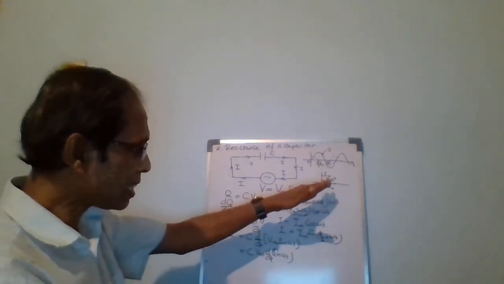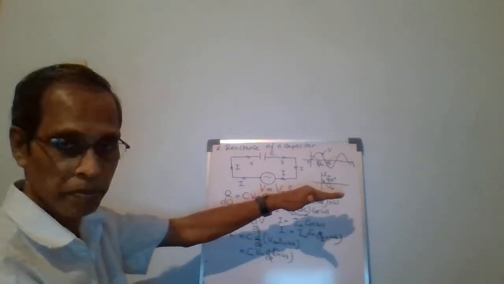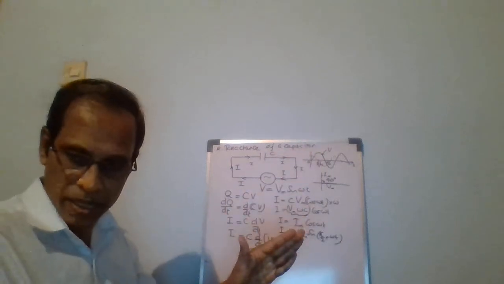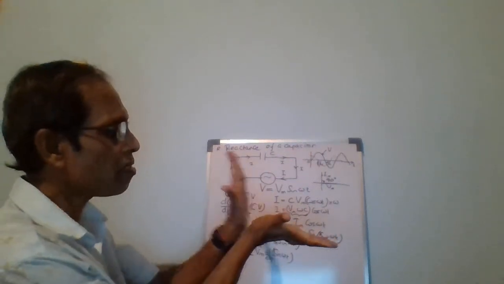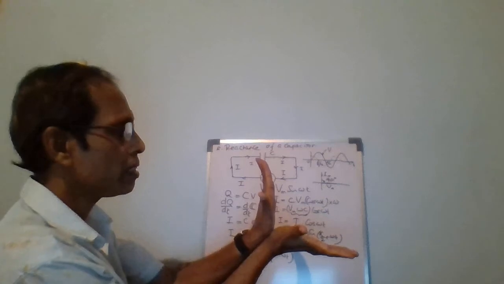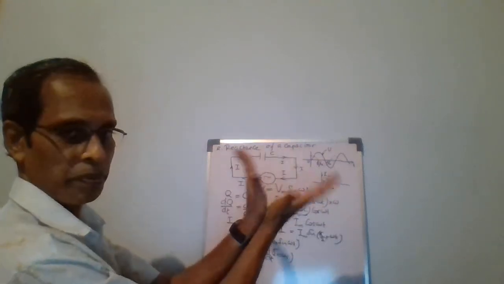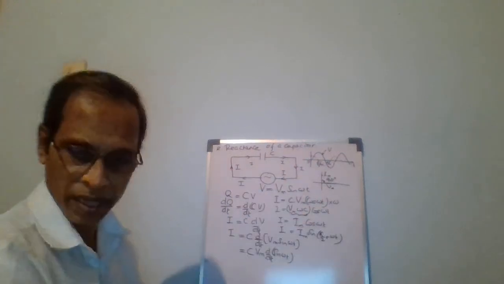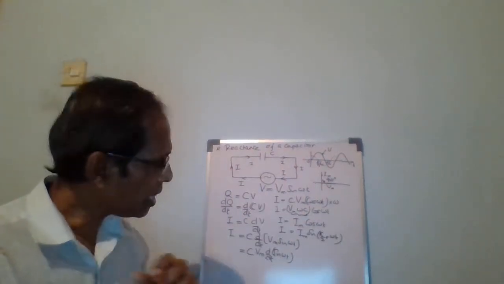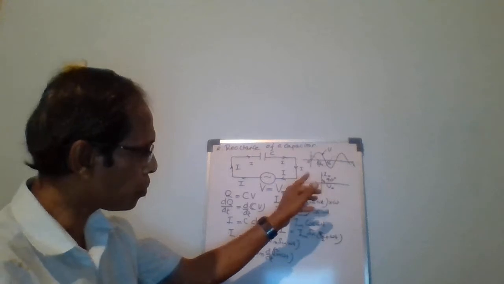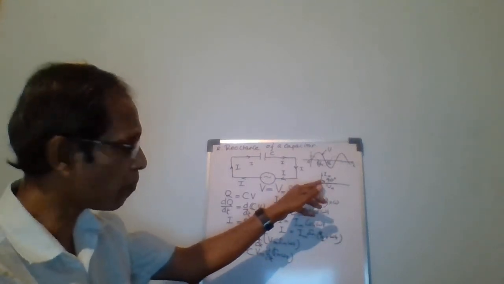Im is 90 degrees advanced compared to the Vm. That is Im, this is Vm. Both are rotating in anti-clockwise direction, this way. Therefore, we say the angle between these two rotating vectors is called phase angle.